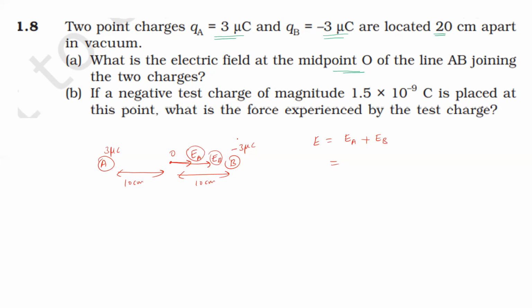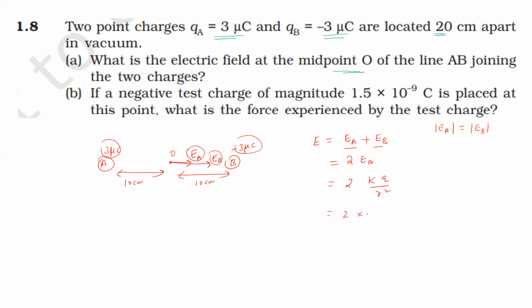Here both charges are equal, so the magnitude of electric field intensity due to charge A equals the magnitude of electric field intensity due to charge B. That means we can write EA equal to EB. So we can write twice EA. Now, 2 into the electric field intensity due to a point charge, whose formula is K into Q by R square.